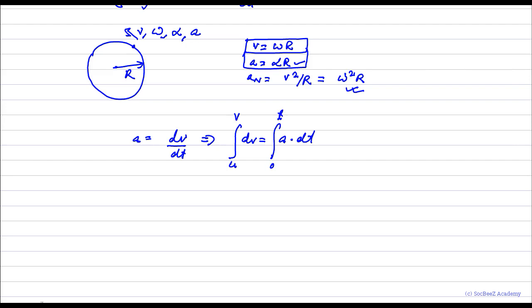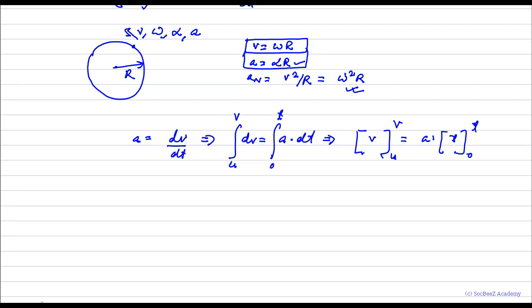If I integrate this, I'll get v from u to v equals a into t from 0 to t. What I mean to say is that at time t equals 0, the body had the initial velocity of u.